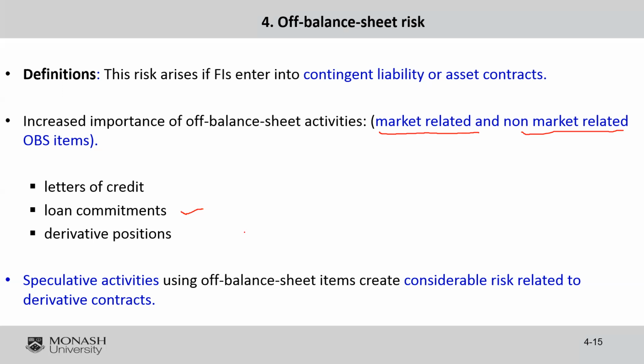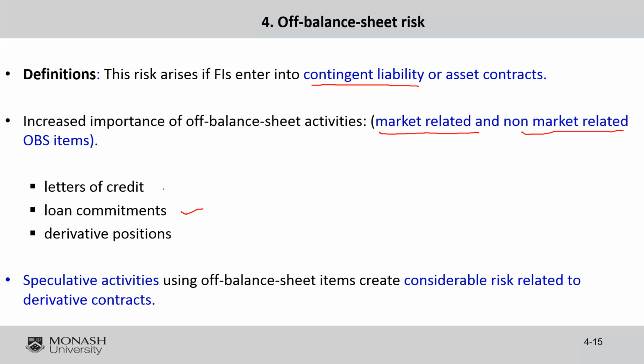So many things can happen in the future when we promise to give a loan in the future, and we call it loan commitments. Now, this is not recorded in the balance sheet now, but it will be recorded in the future. Still, it's a contingent liability or promises.